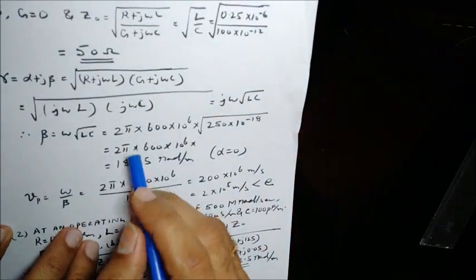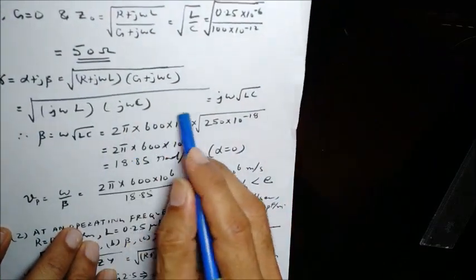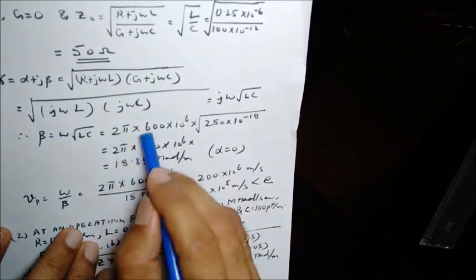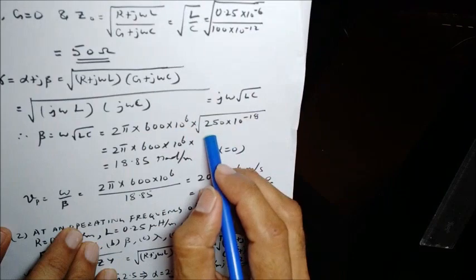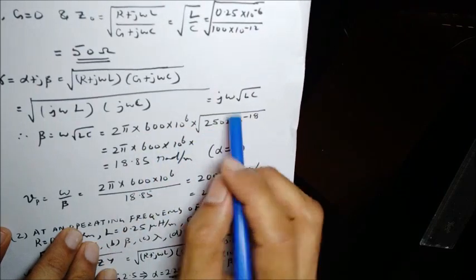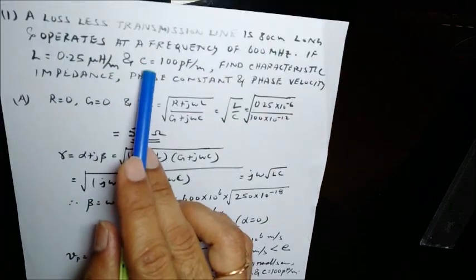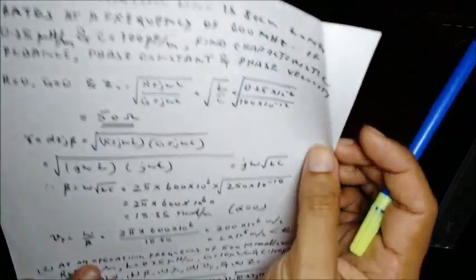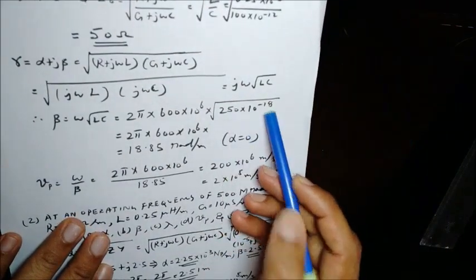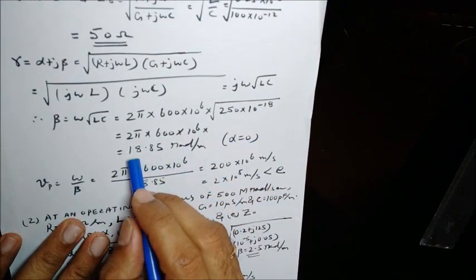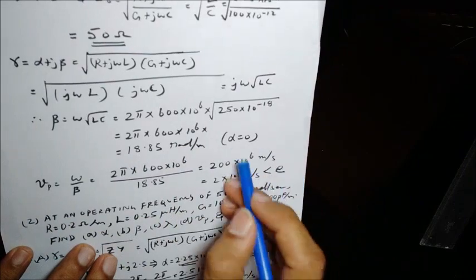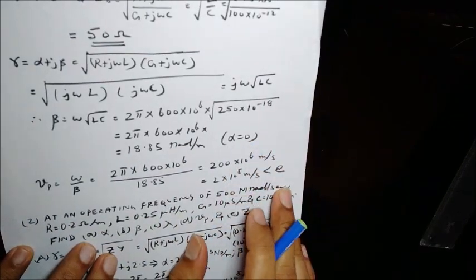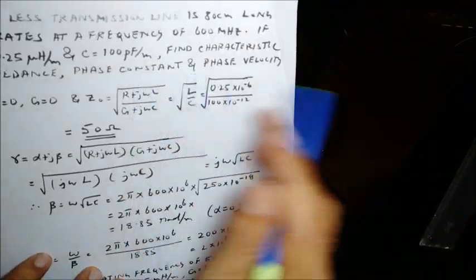So ω is 2π into 600 into 10 power 6, that is in hertz, into square root of L into C. L and C are given here, 0.25 microhenry per meter and 100 picofarad per meter. Evaluating this, you find beta as 18.85 radians per meter. And of course alpha is 0. So that gives us the phase constant.